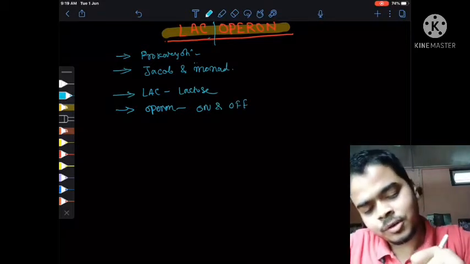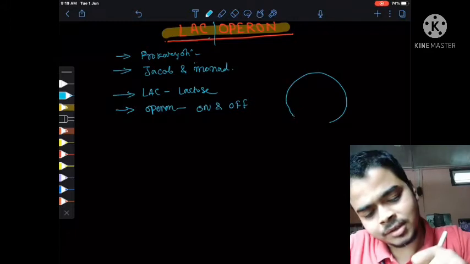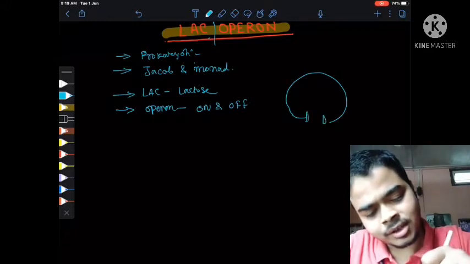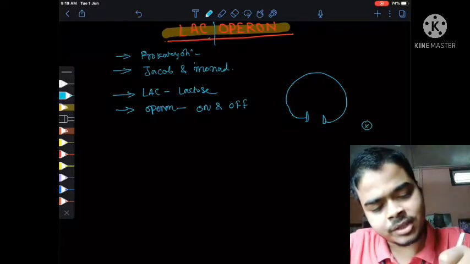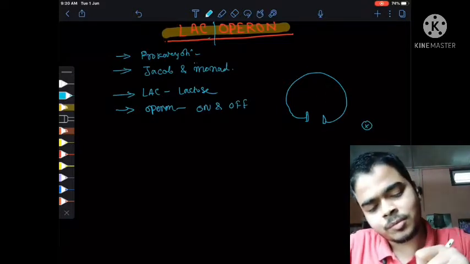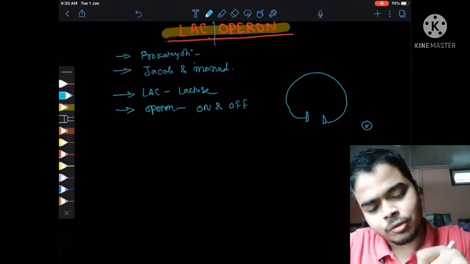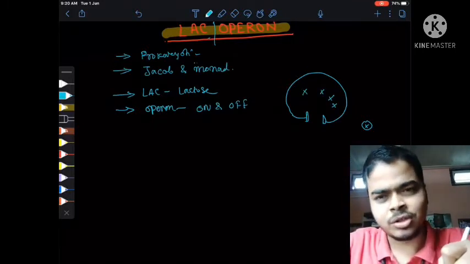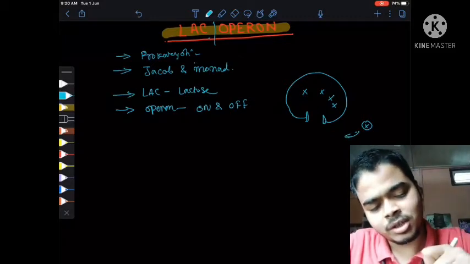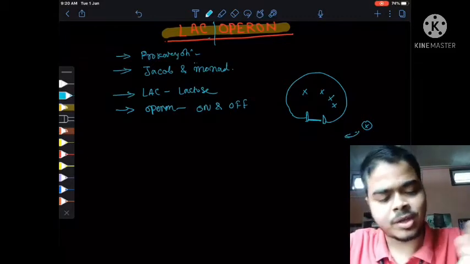So what happens, for example, this is a cell, right? And this is a gate to make entry into the cell. Now for example, this is a substance X. If X is quite abundant inside the cell, then the substance need not be imported from outside, so the gate becomes closed.